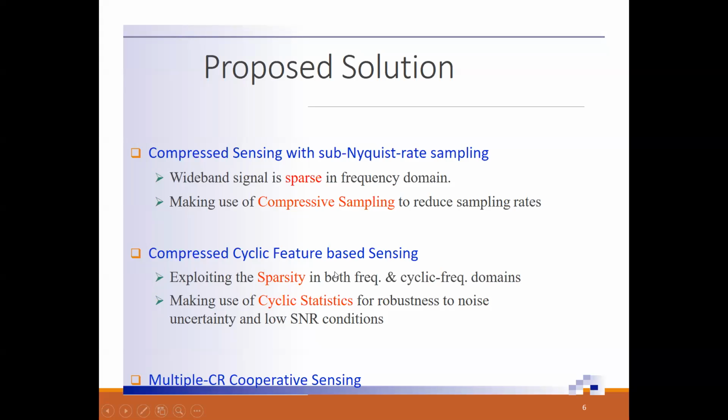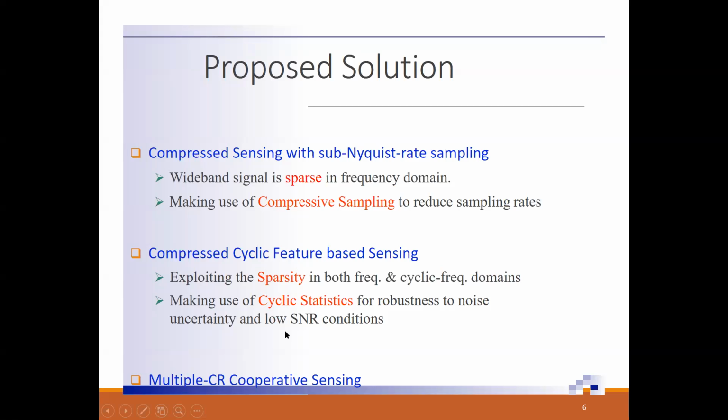One of the major challenges for direct wideband sensing was the sampling frequency. If we have to measure 100 megahertz bandwidth, you have to sample at least at the rate of 200 mega samples per second. So the question is, can I reduce that?